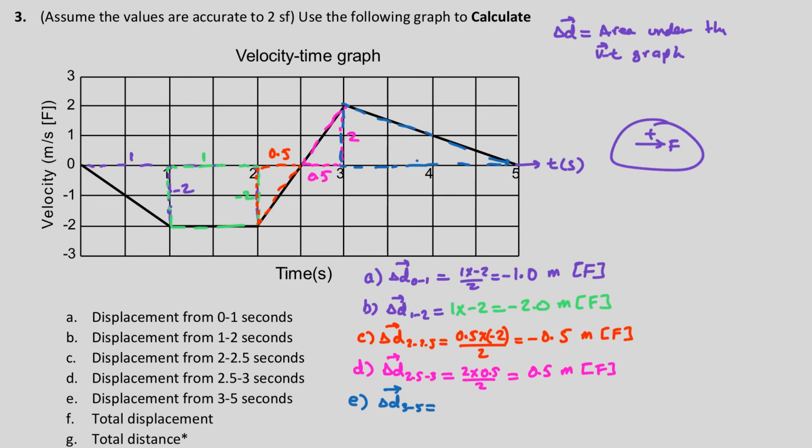I'm forgetting some significant figures here, so 0 and 0. Everything is good to 2 significant figures. For 3 to 5, I got a triangle, and the base is 2, my height is 2, so that's 2 times 2 divided by 2 because it's an area of a triangle, so 4, that's 2 meters forward.